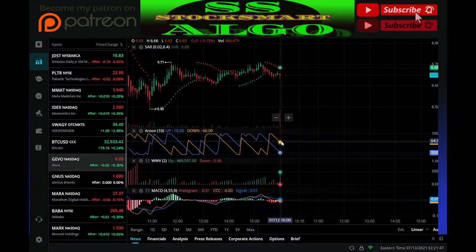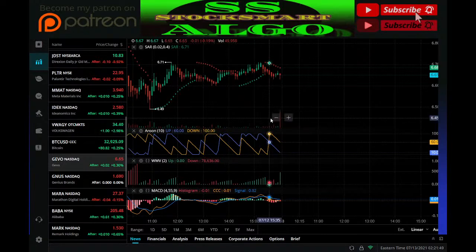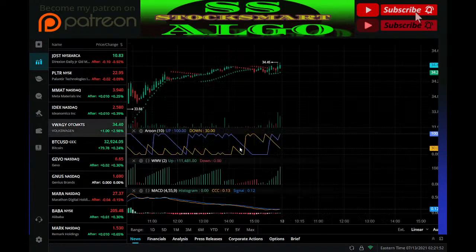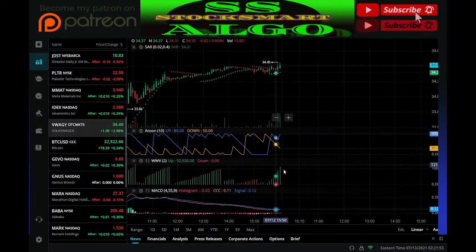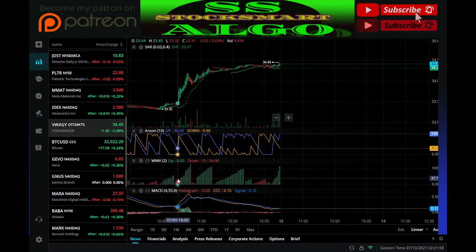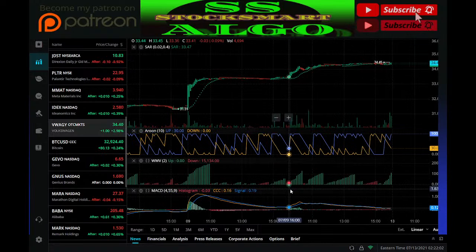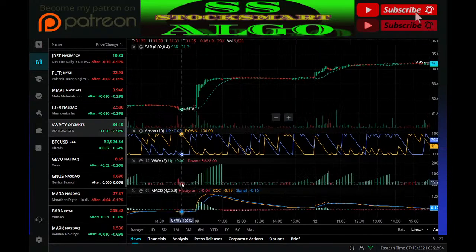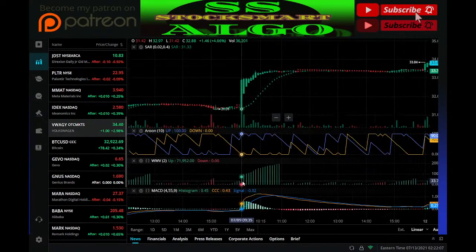So it's nice to know when, and we should build a scan for when they're both equal to 0, or we have MACD crossovers, over in Thinkorswim.